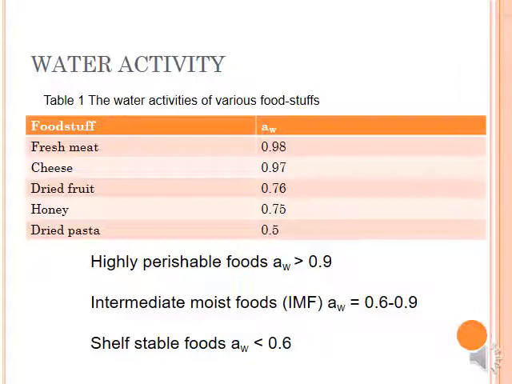For example, fresh meat has a high water activity value, which means highly perishable. So if you don't put meat in the fridge or freezer, it will easily become rotten, due to the high water activity, which enables many types of chemical reaction.